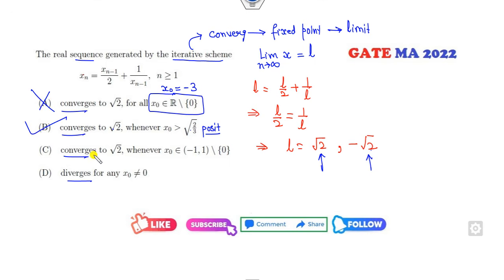Convergence to root 2 for all non-zero values: wrong, because if I take x naught as minus 0.5, it converges to minus root 2, but he said plus root 2. That option is cancelled. Divergent: that's wrong, because we get a limit point, a fixed point, so convergence is guaranteed. So the right answer is B.